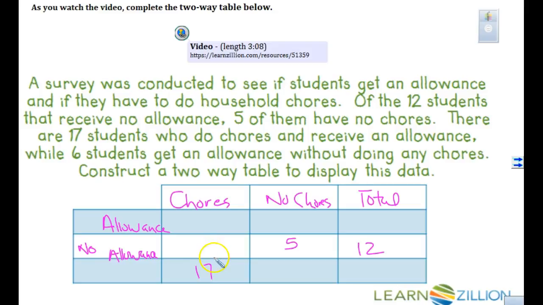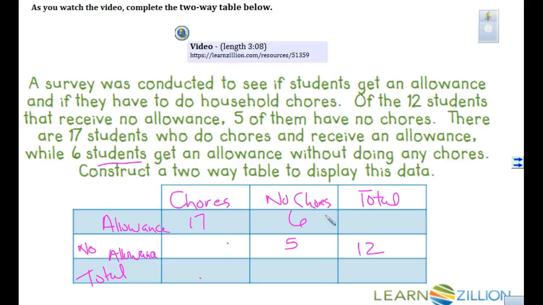And our other number was 6 that get an allowance. Which one do you want to fill in first? 17 goes with chores and allowance. 17 is chores and allowance. Oops, sorry, my fault. And 6 goes here.